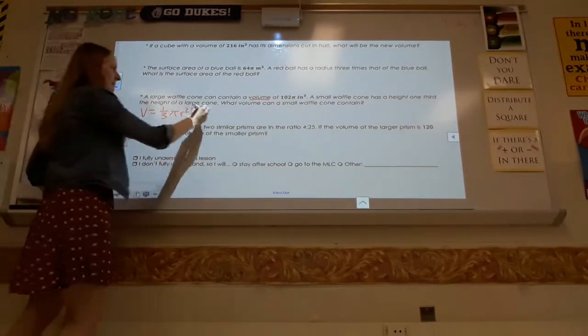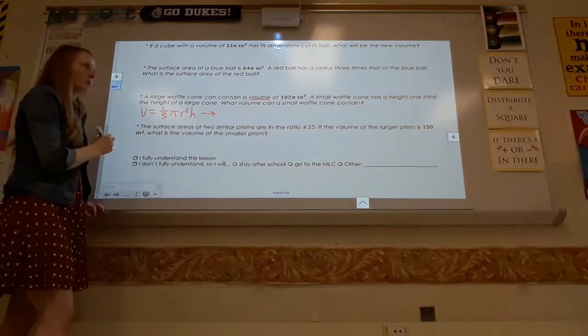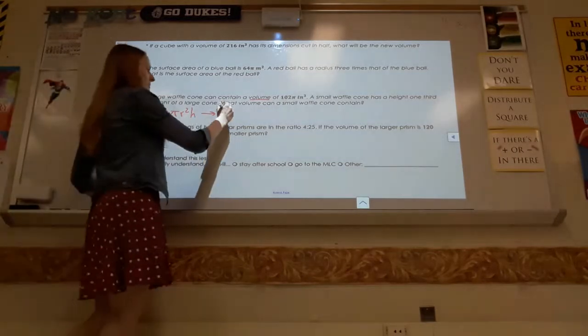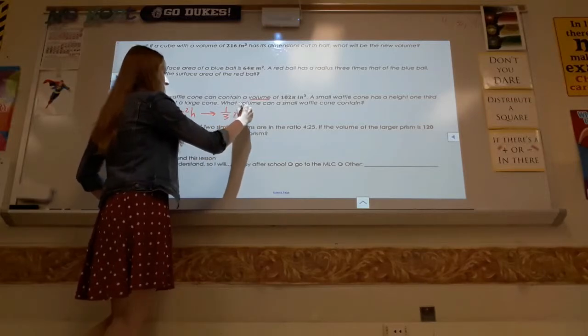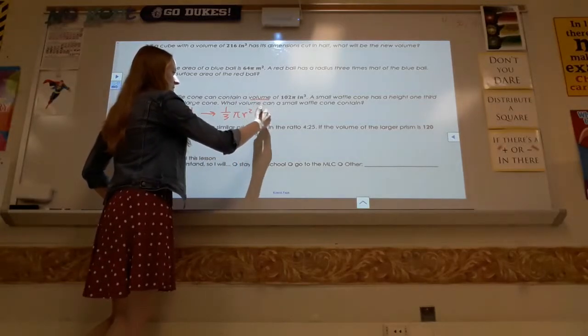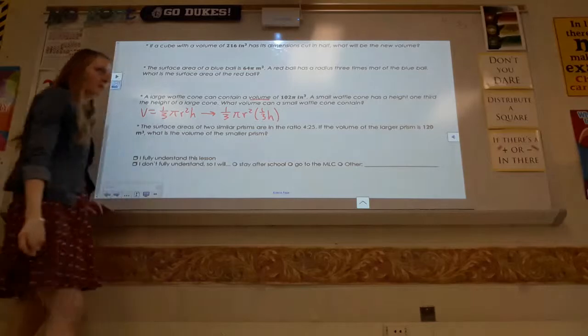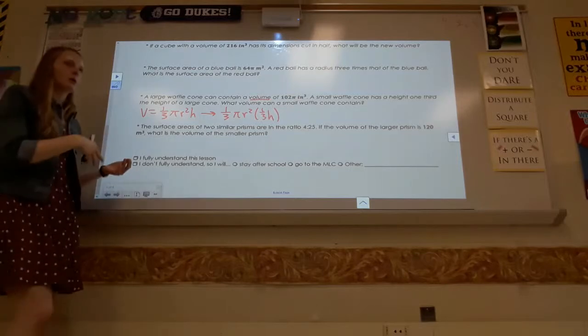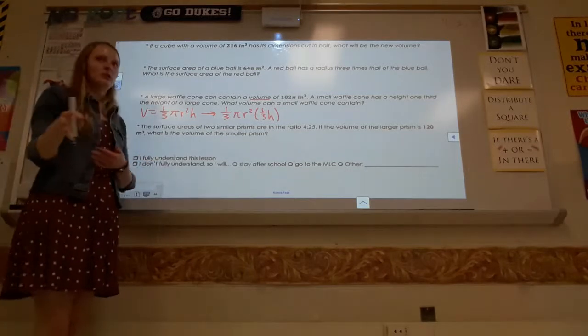Okay, then what's happening? What am I changing? The height. So you still have the first part the same, but the height, does the height have a power associated with it? No. So when you're changing a dimension that doesn't have a power associated with it in the formula, then the change stays the same.